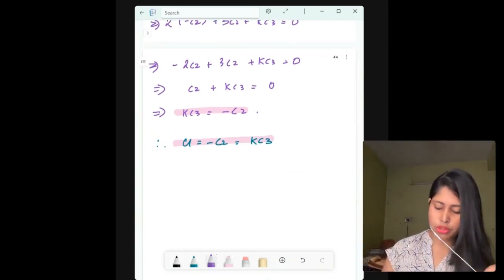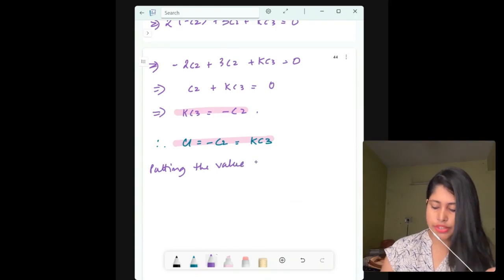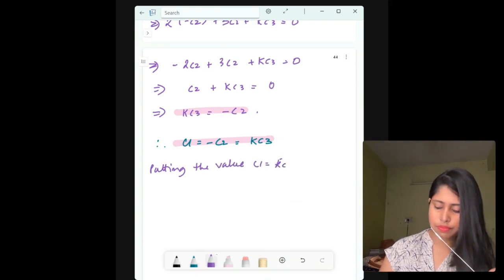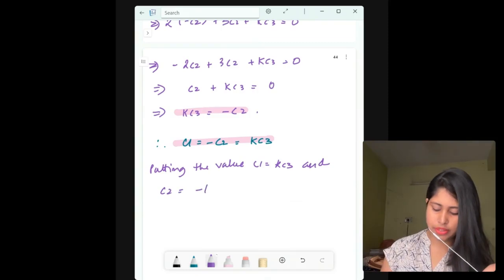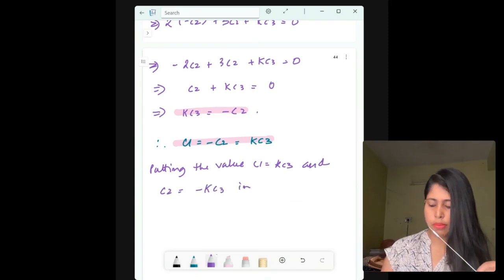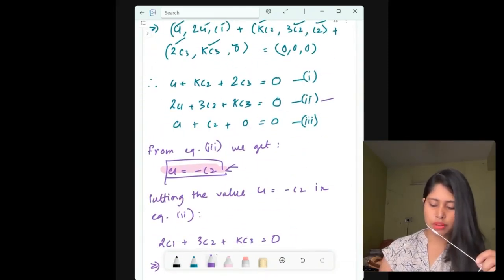Next we're going to put the value c1 equals kc3 and c2 equals minus kc3 in equation number 1.